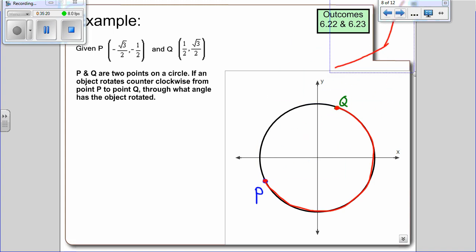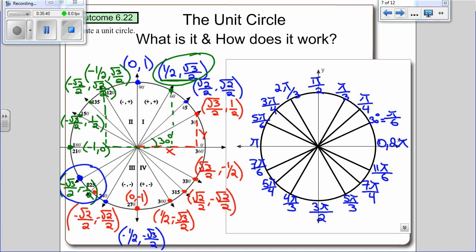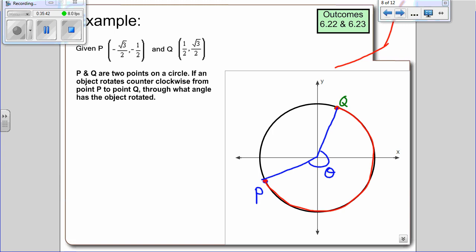To figure that out, we're going to utilize our unit circle. So point P and point Q are both on the unit circle. Point Q, if we look back, was at 60 degrees. So we know that in here we had 60 degrees, just to get to point Q. To get to point P, if we look, point P was at 210 degrees.